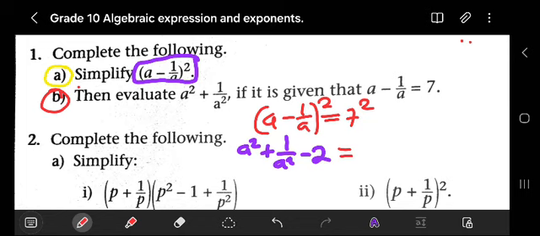But what is that? If you square 7, 7 raised to the power of 2, if you punch your calculator, you'll get this to be equal to 49. All right, guys, you see. But they said we should evaluate a squared plus 1 over a squared. Here we have, guys, a squared plus 1 over a squared.